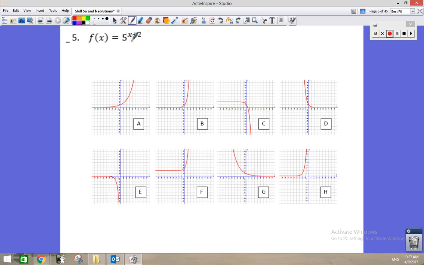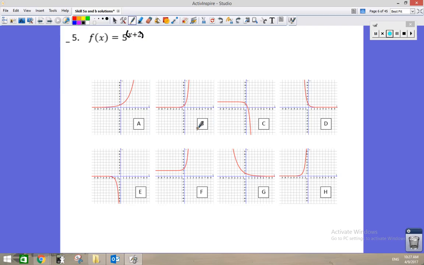Now this plus 2 is in the exponent. It's affecting the domain. Last time, the plus 2 was taking the function from problem number 1, the output, and adding 2 to it. That was adding 2 to the y coordinate. Here we're adding 2 to the x coordinate.